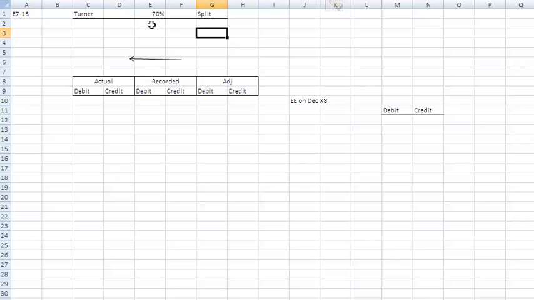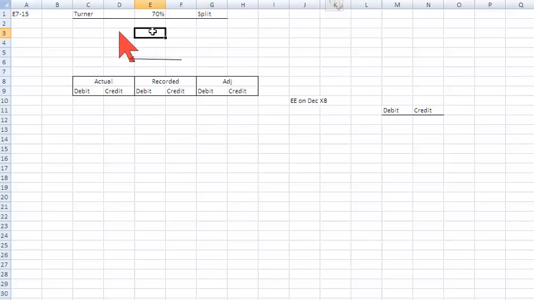All right, so the problem says, and I don't have a copy of it, Turner Copy purchased 70% of Split. On December 8, Turner purchased a building for $300,000 from Split, which means it's an upstream sale, and Split had purchased it on January 1 for $400,000.